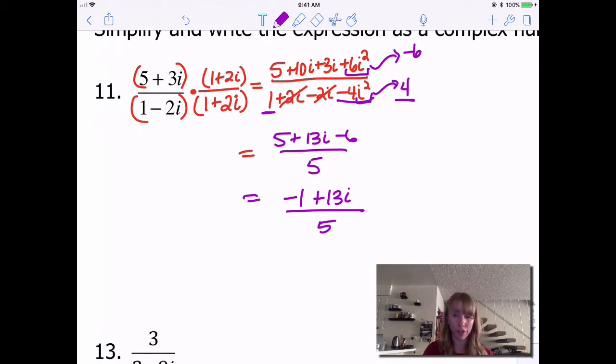And that is a good, correct answer. How you will usually see this on an answer for a test is -1 over 5 plus 13 over 5i, just because we want to see a real part and then an imaginary part kind of separated out. But really all I'm doing is taking the 5 and dividing each piece by that 5.